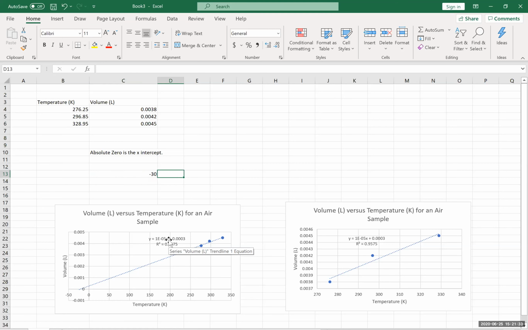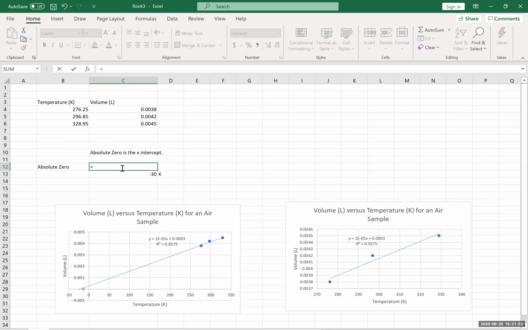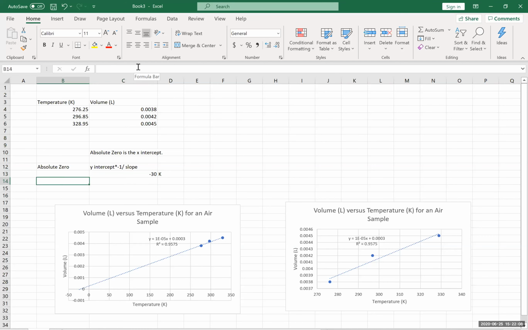And we get a value for absolute zero of -30 Kelvin. Again, just to show that one more time, the value of absolute zero obtained from extrapolation is going to be equal to your y-intercept times -1 over your slope, which we got as -30 Kelvin.